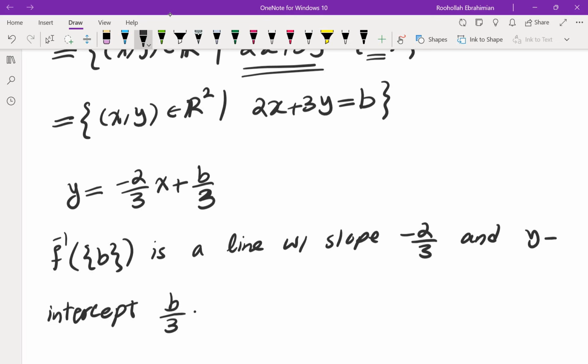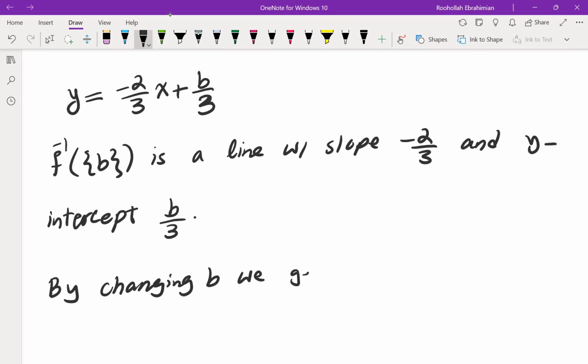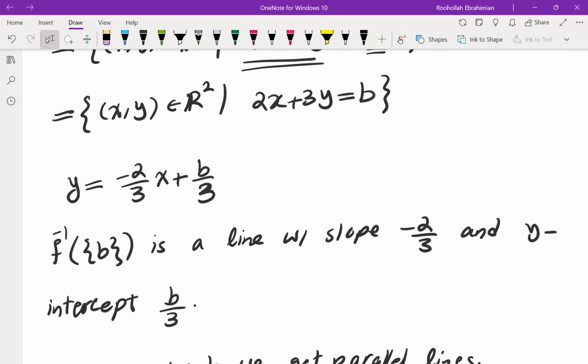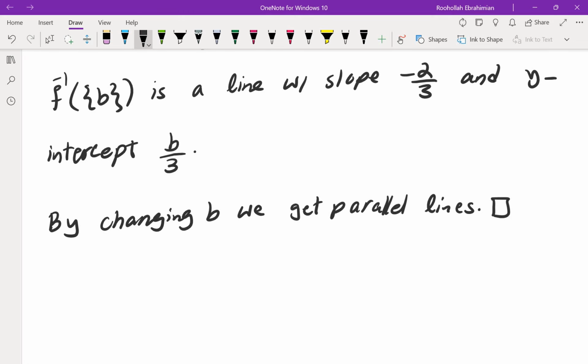Okay, so now that answers the question. They asked what happens if you change b? By changing b, we get parallel lines, because the slope is always going to remain the same. The slope is always negative 2/3. The y-intercept is what is changing. So we get a bunch of parallel lines.